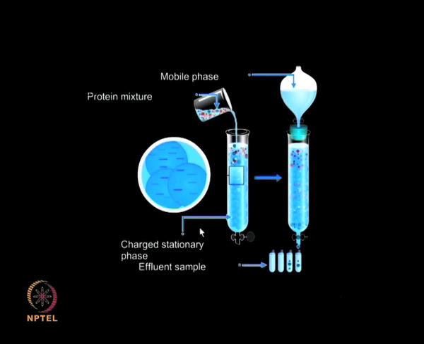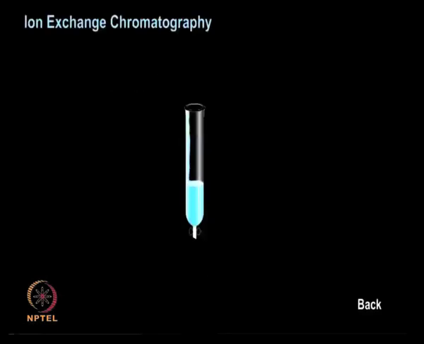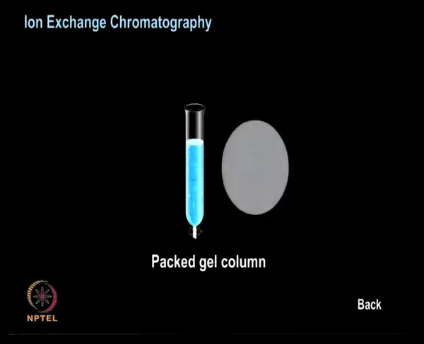After giving you a brief description of the components, let me show you the process in animation. The column is packed with a suitable cation or anion exchange resin depending upon the charge of the protein that needs to be bound to the column and purified.